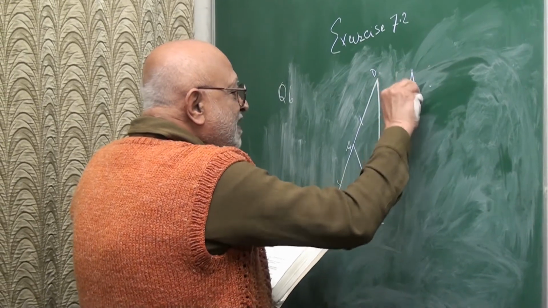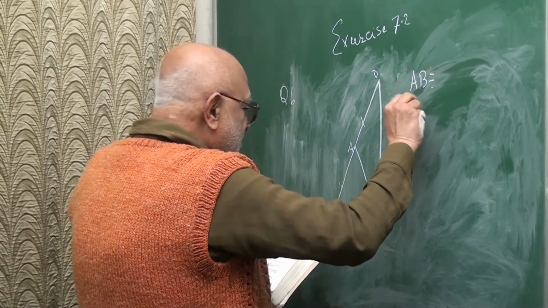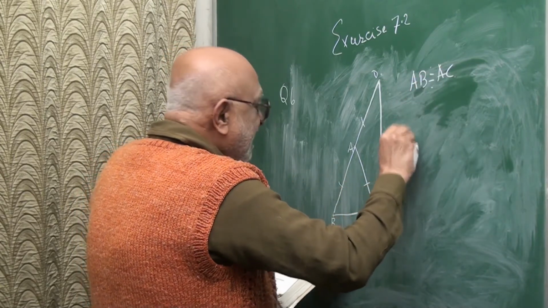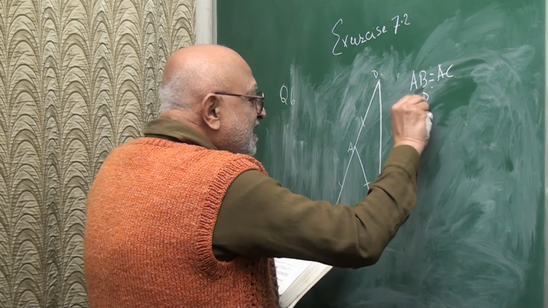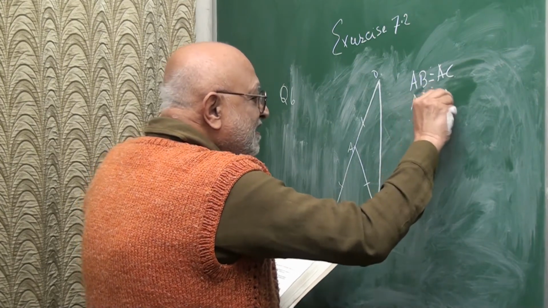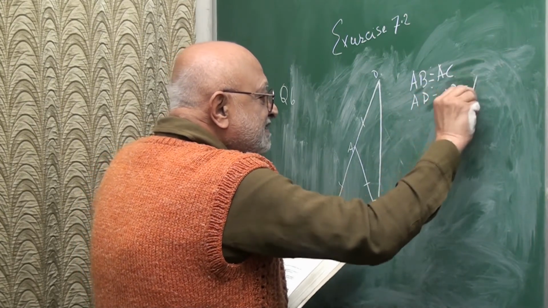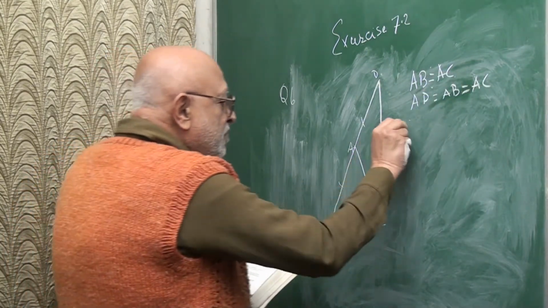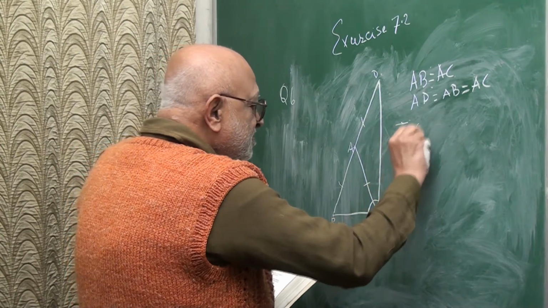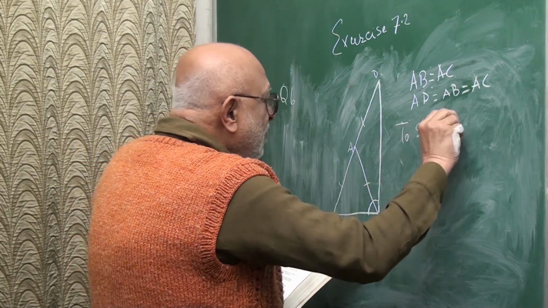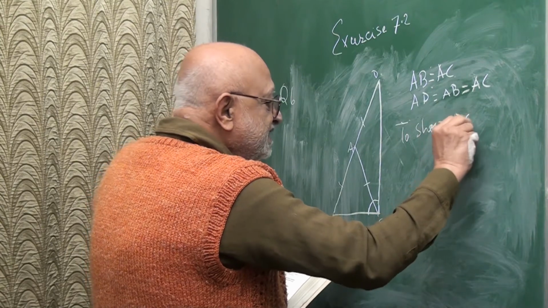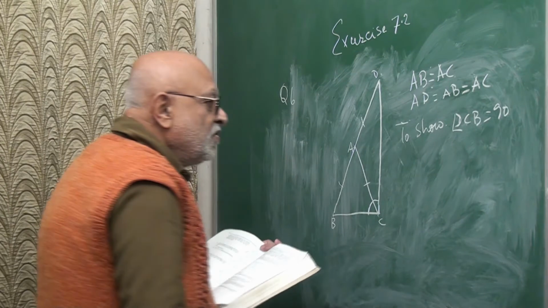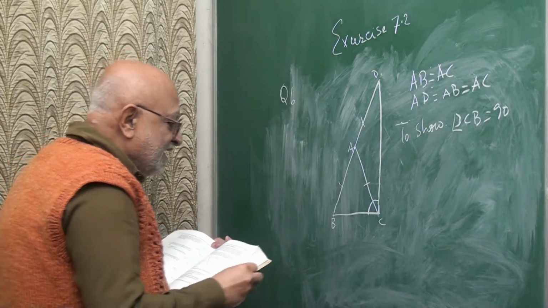So AB equal to AC, and it is given AD equal to AB. So that is equal to AC. Done. This is given. To show angle DCB is equal to 90 degrees or right angle. Okay, very easy.